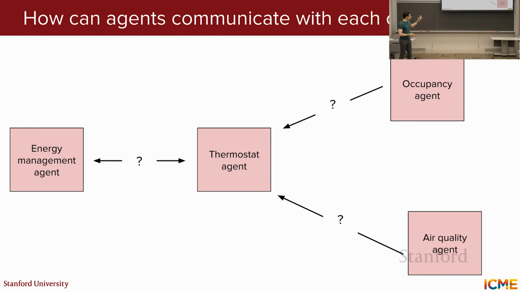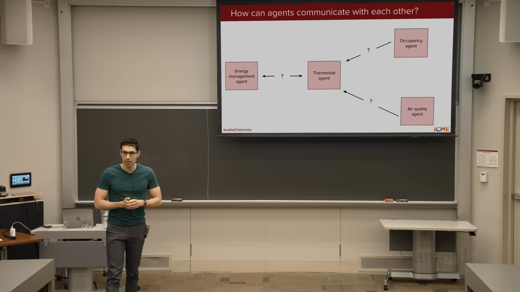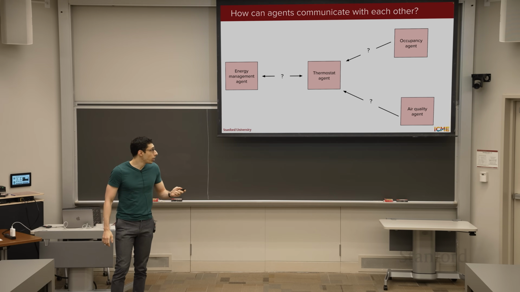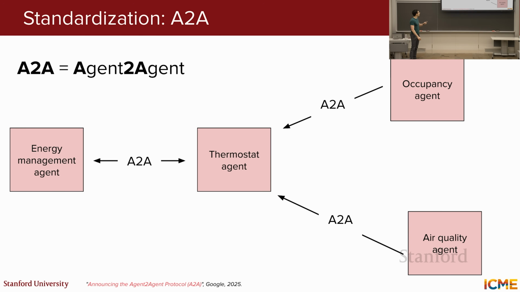So this prompts a potential need for a standardization of communications between agents, similarly to what we have seen between LLM hosts and tools. And this is what prompted Google to release the agent-to-agent protocol earlier this year.